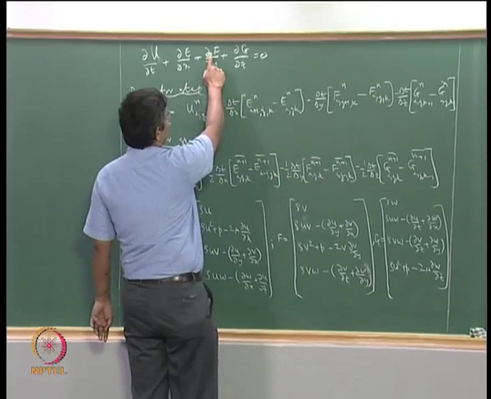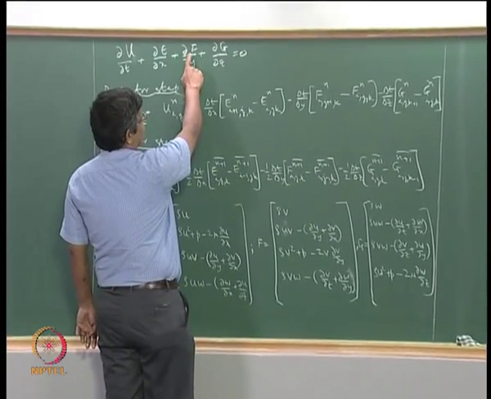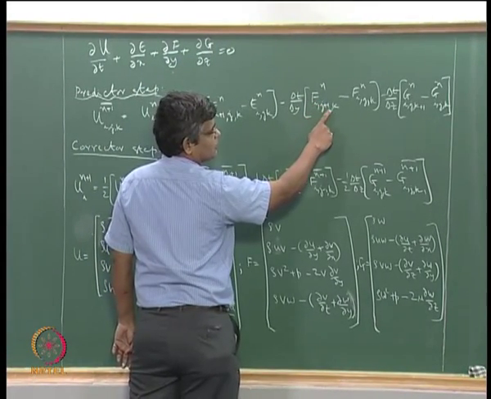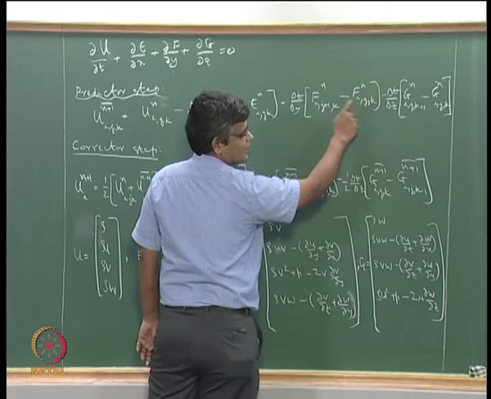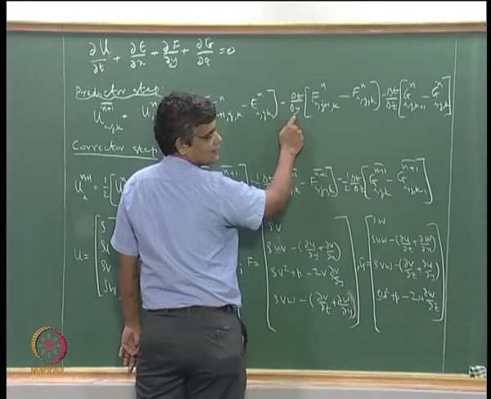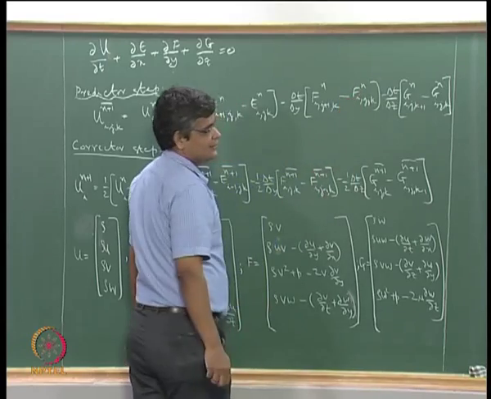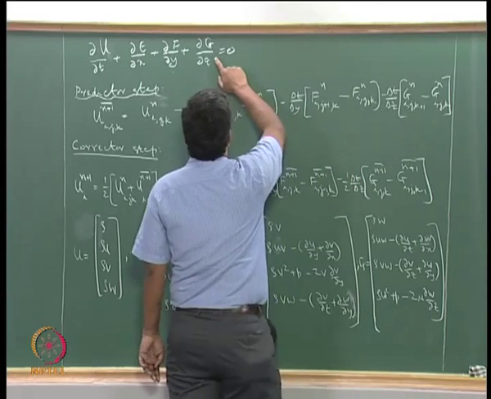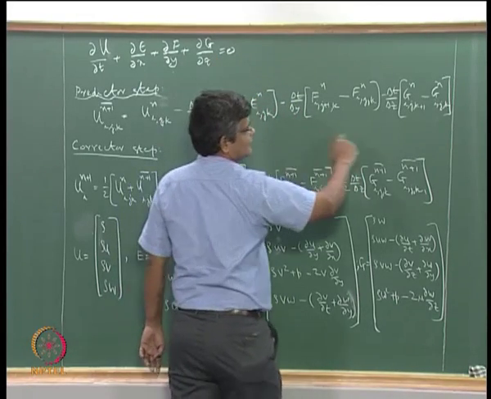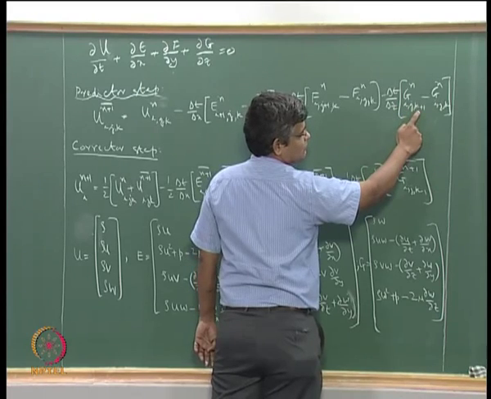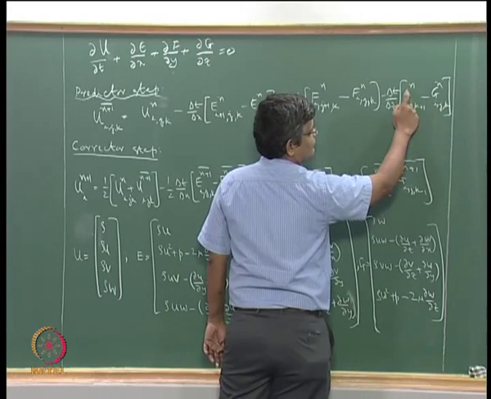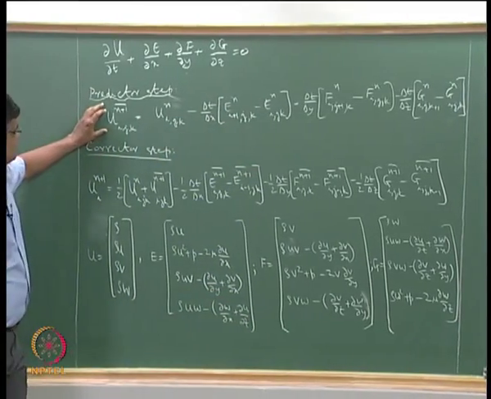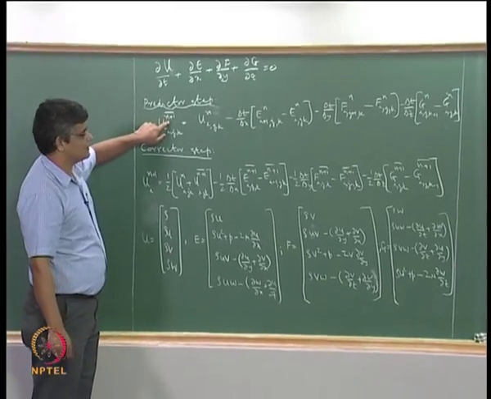Similarly, dF by dy is discretized using forward differencing in the y direction, that is F i j plus 1 k minus F i j k, again evaluated at nth time step, and dG by dz is again discretized using forward differencing in the z direction, that is G i j k plus 1 minus G i j k, where G is evaluated at nth time step. So this enables us to get the value of u i j k at the intermediate step.